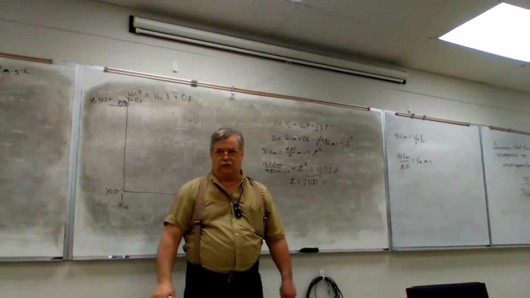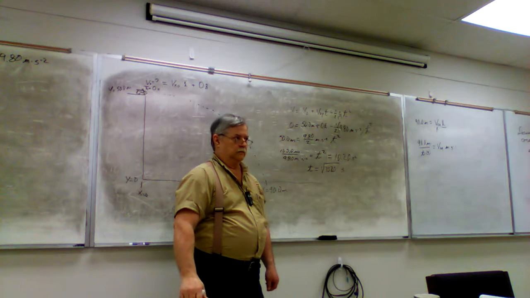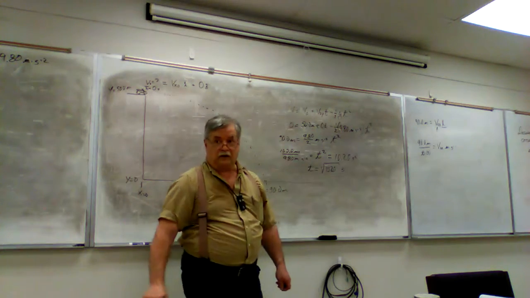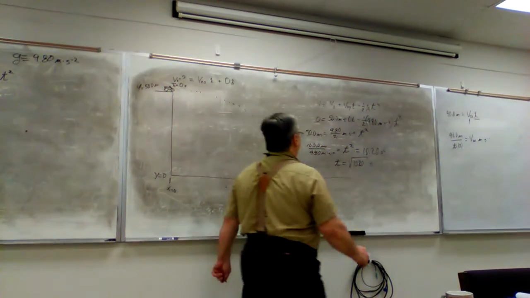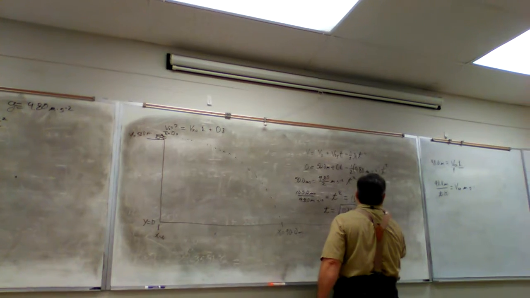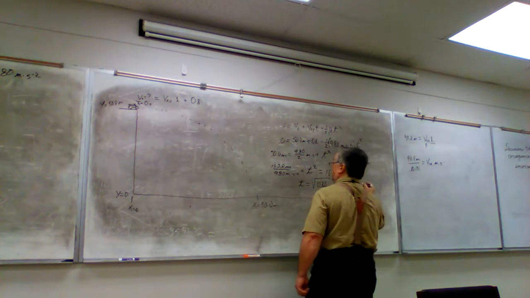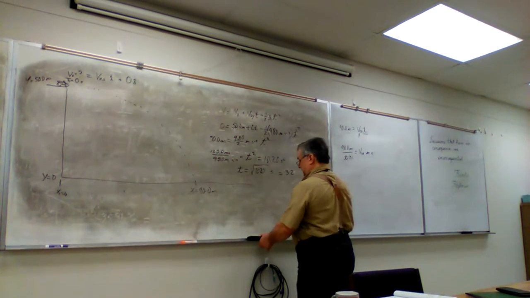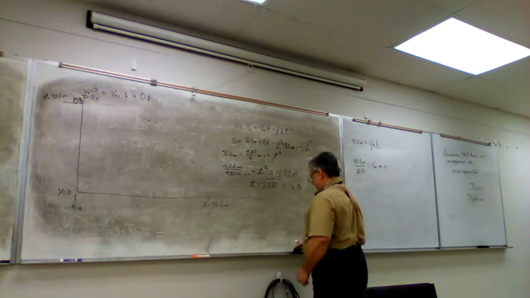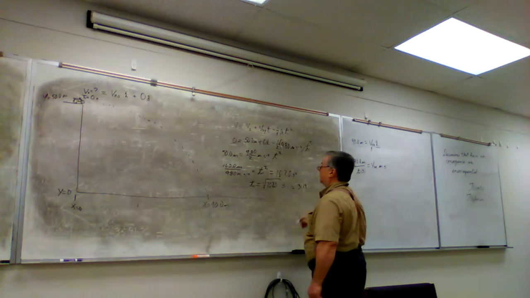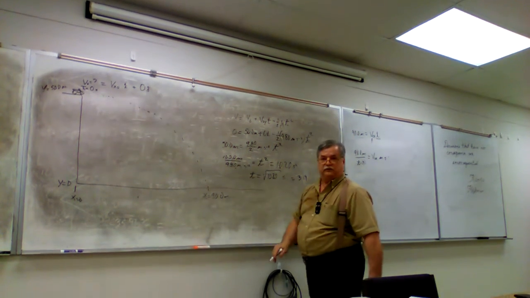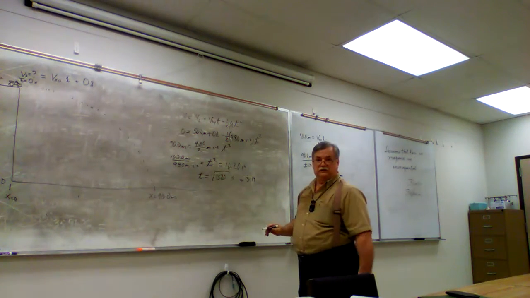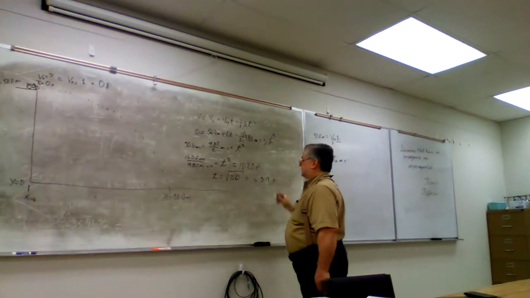What's the square root of 10.2? 3.2? 3.20? 3.19? We started out with 3 significant digits. We've got 3 significant digits in all of our givens, so let's keep 3 significant digits. 3.19 seconds.